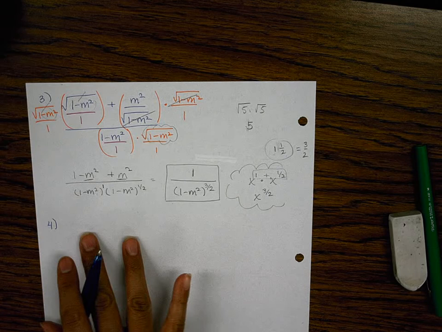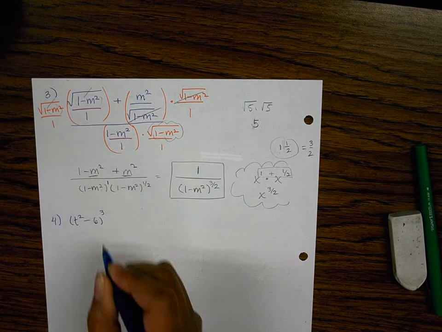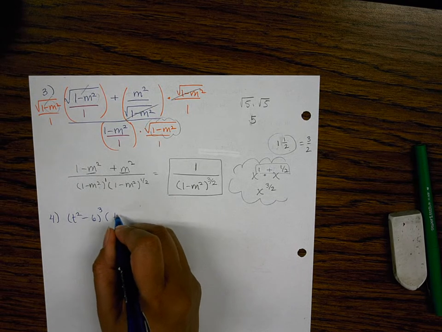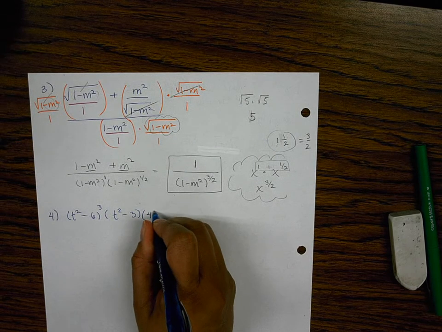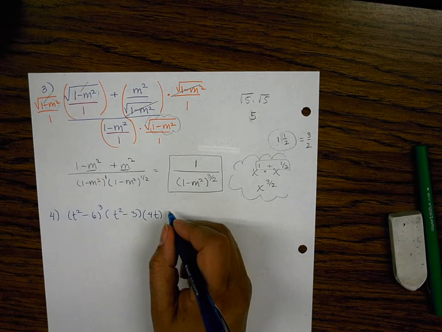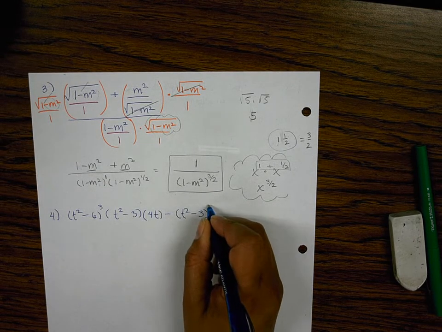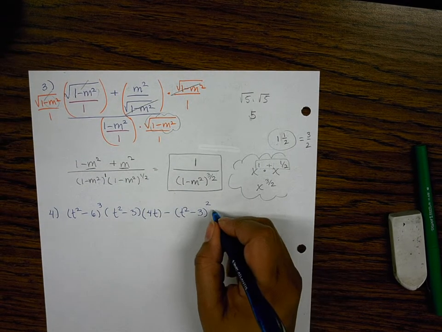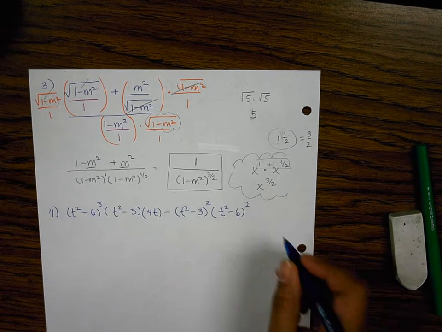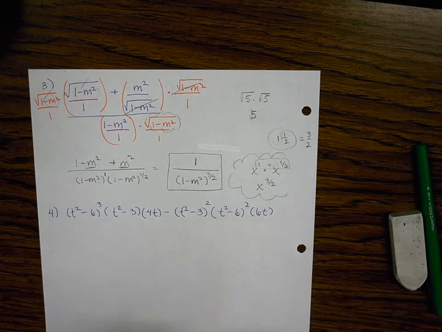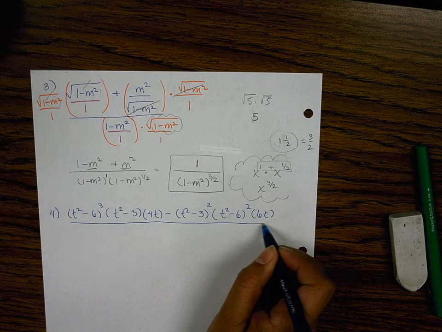All right, number 4. This is a longer problem, so you want to make sure you're giving yourself enough room to write it all down. Parentheses t squared minus 6, close parentheses cubed, parentheses t squared minus 3, close parentheses, parentheses 4t, close parentheses, take away, parentheses t squared minus 3, close parentheses squared, parentheses t squared minus 6, close parentheses squared, parentheses 6t.